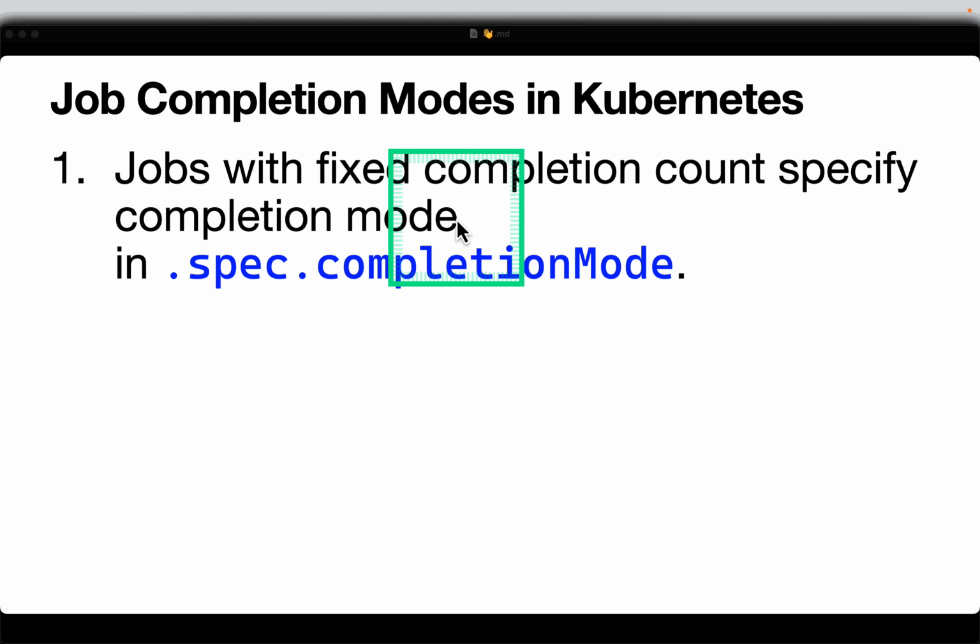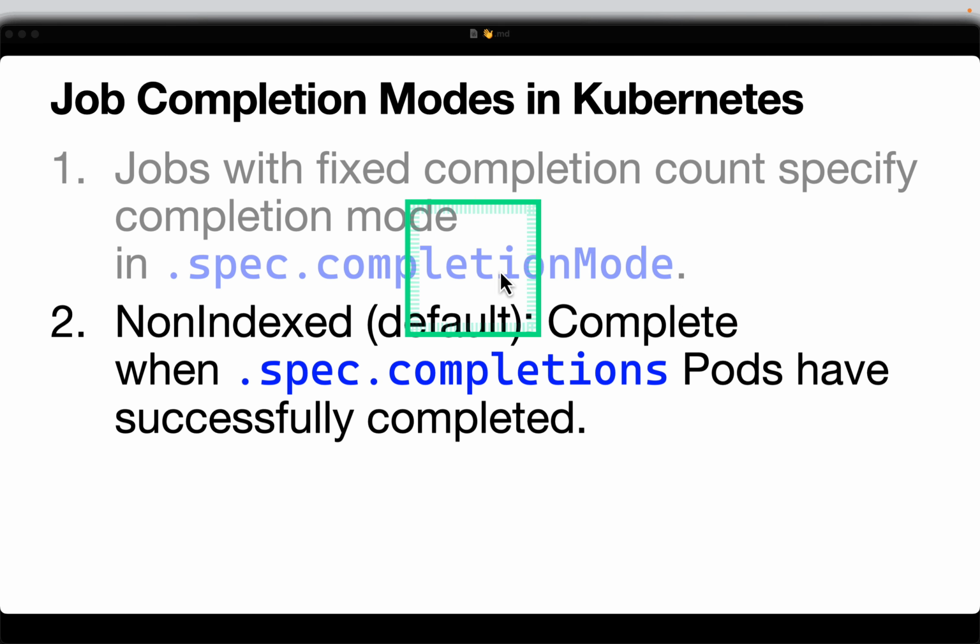So in Kubernetes, jobs with a fixed completion count can specify a completion mode in spec.completionMode. There is a field called spec.completionMode, and it has some values. One is NonIndexed, which is the default, and the job is complete when spec.completions pods have successfully completed.